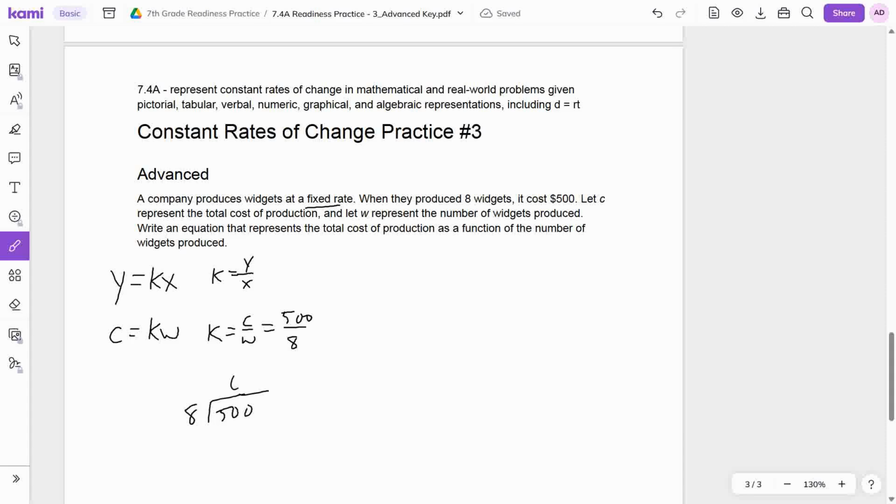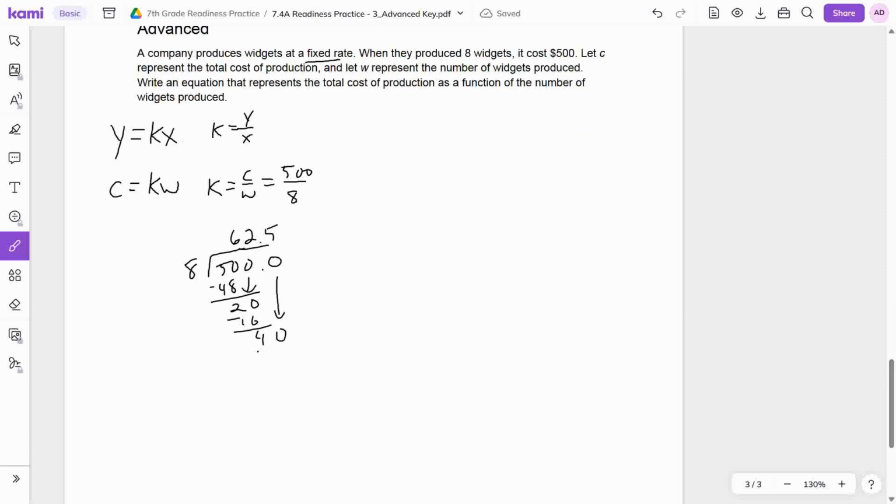And that's going to be 62.50. $62.50 is how much it costs to produce 1 widget.